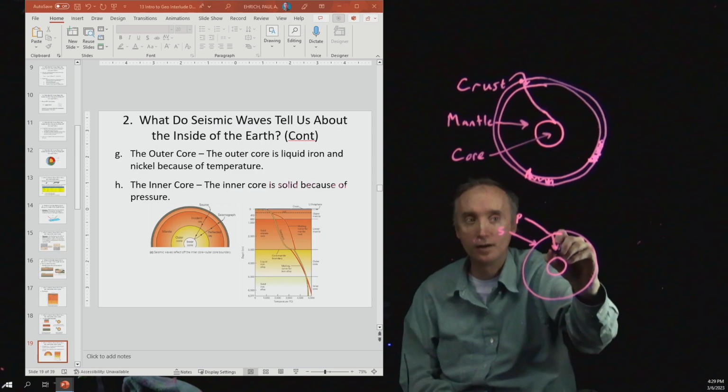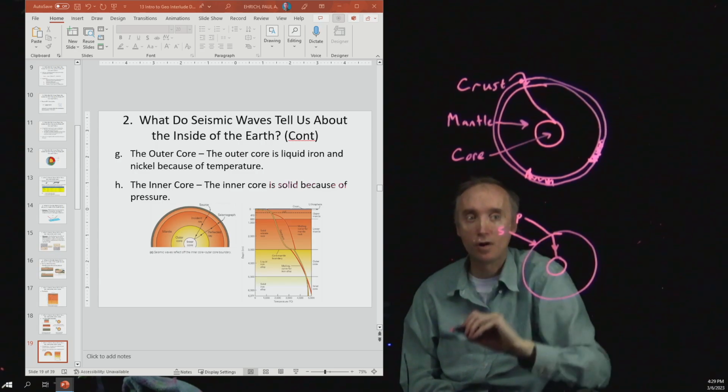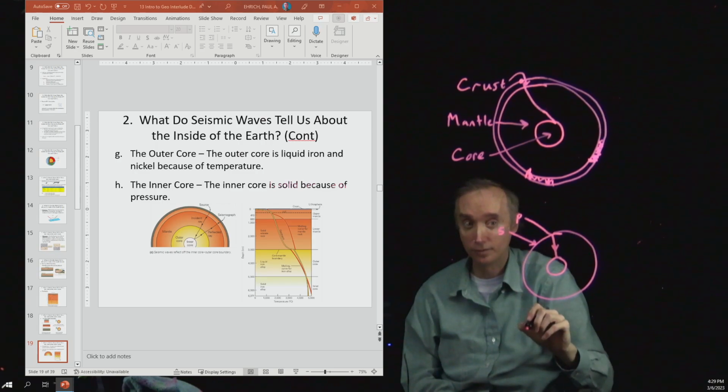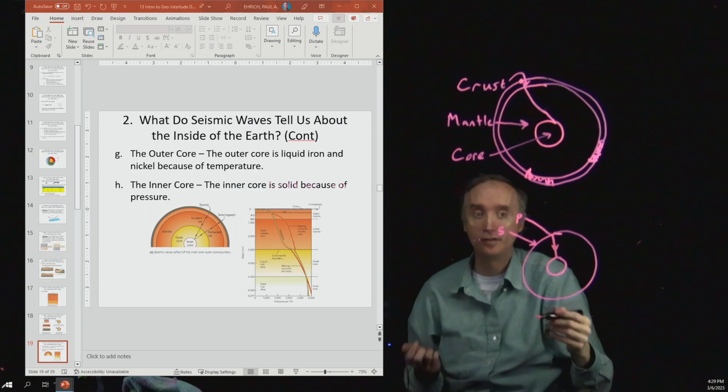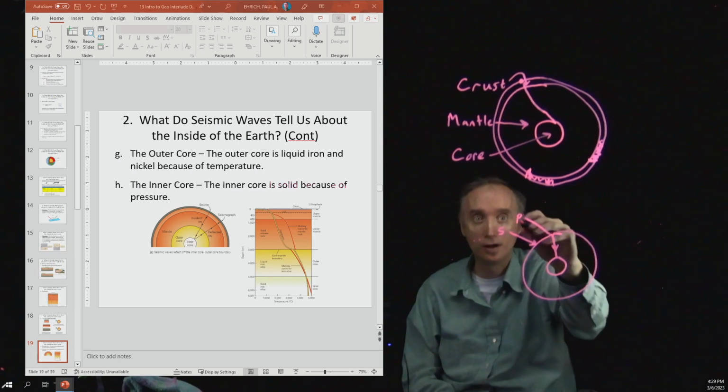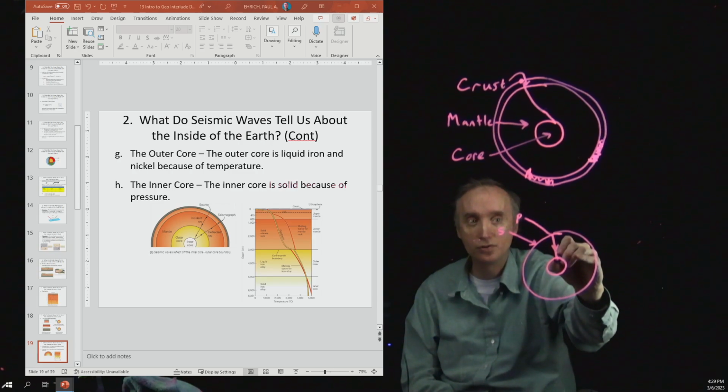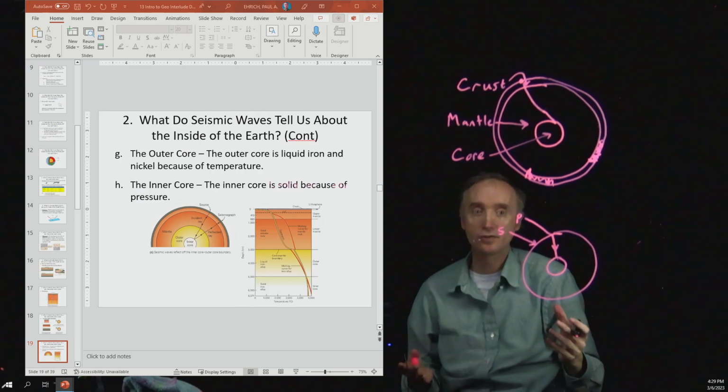And then what they found was it would bounce off of the inner core, because the inner core is solid, and that would be reflection. Now some of the P wave goes into the inner core, and again it bends, but we're not interested in that.